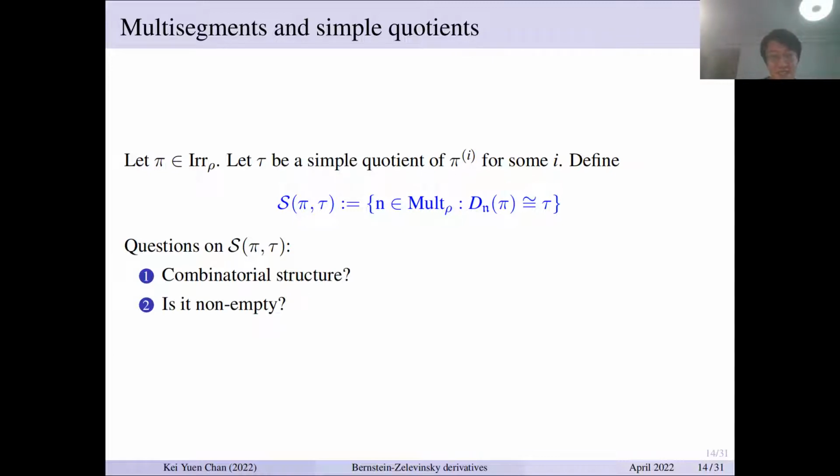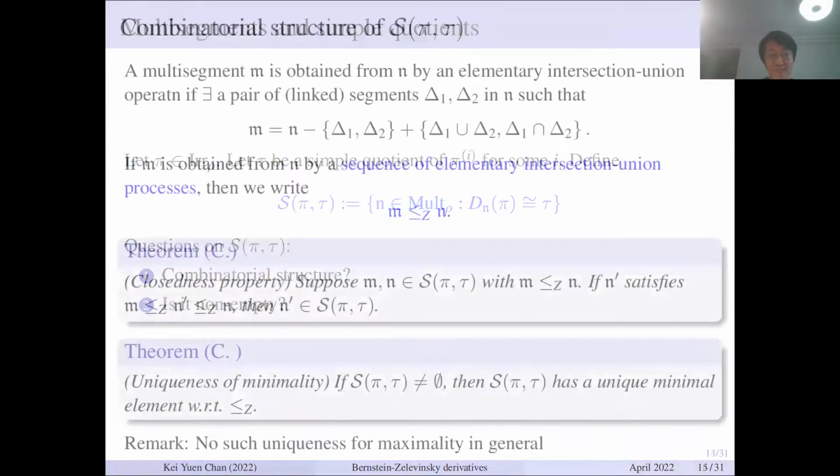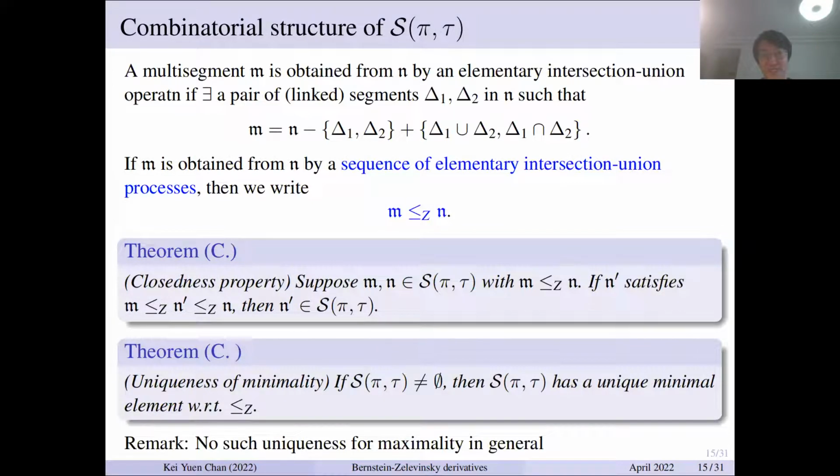So what do we mean by combinatorial structure? We define some combinatorics on it. A multi-segment M is obtained from another multi-segment N by something called an intersection-union operation. It also appears in Bernstein-Zelevinsky.